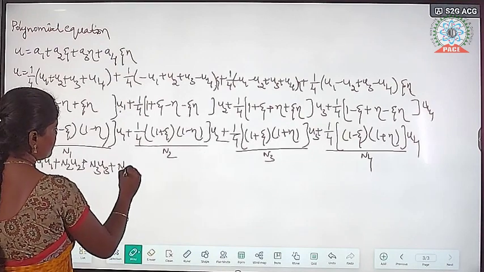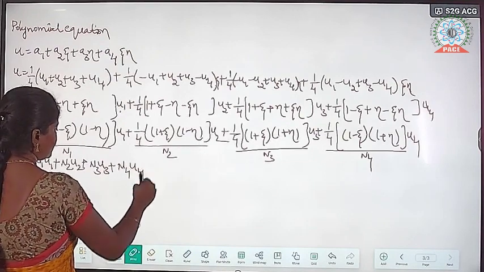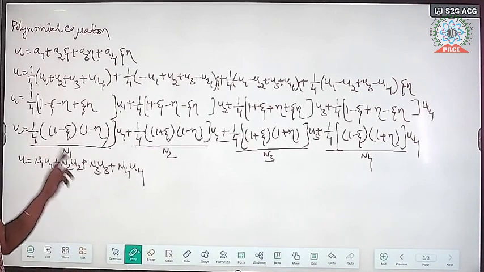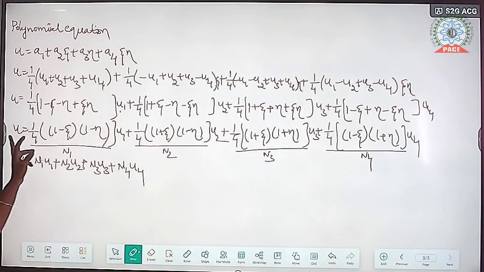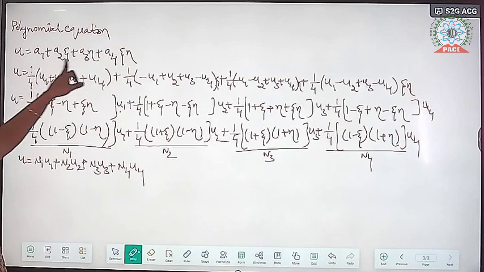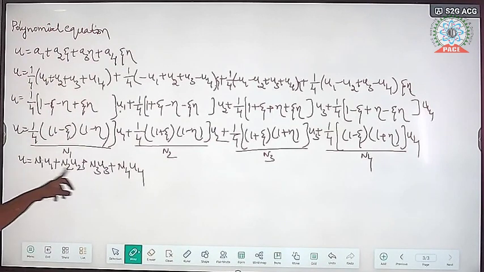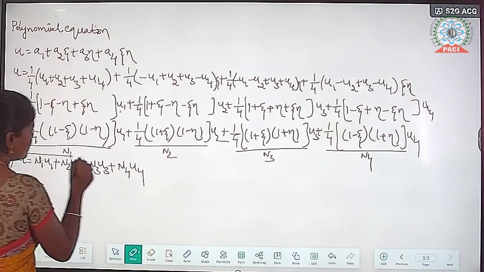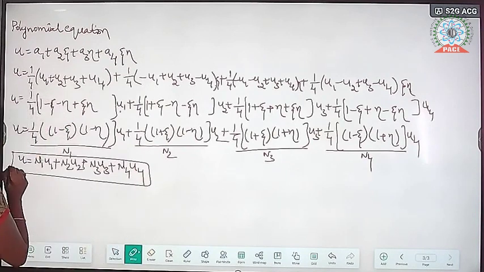So this is the shape function equation. By substituting the coordinates into the polynomial equation, we derive the shape function. This is the final total shape function equation, obtained by substituting in the polynomial coefficient equation.